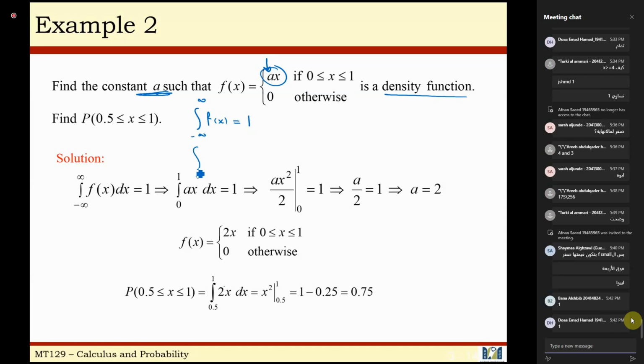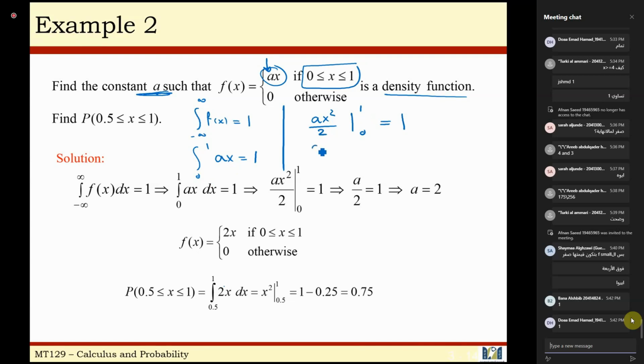From 0 to 1. What is the integration of ax? It is a x square over 2, and substitute 0 and 1, this must be equal to 1. I need to find the a.